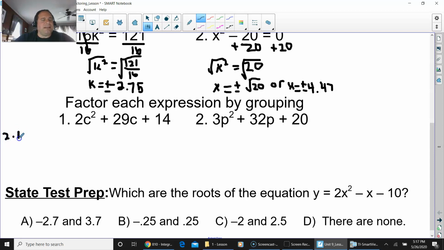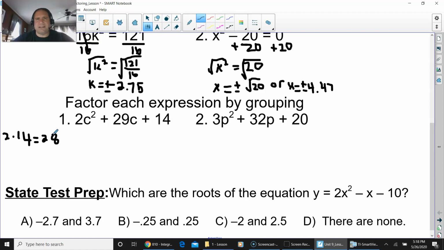So in this case, it's just a lot easier when everything is positive. So you have 28. So now you have to go ahead and look at 2 numbers that multiply to 28 and that add to 29.